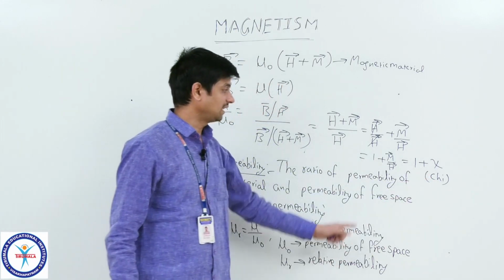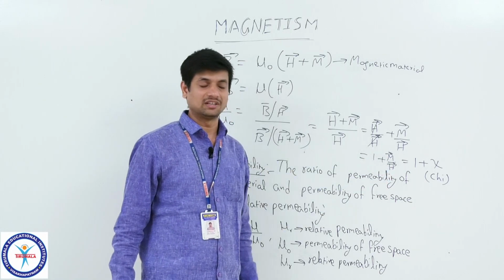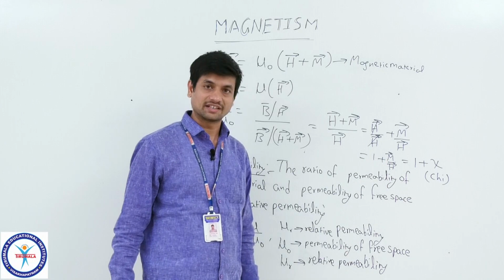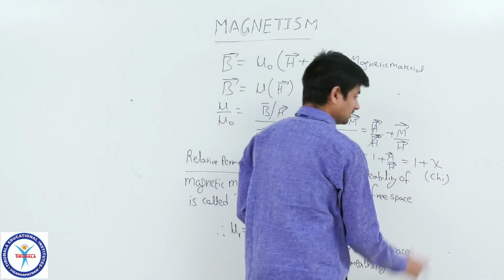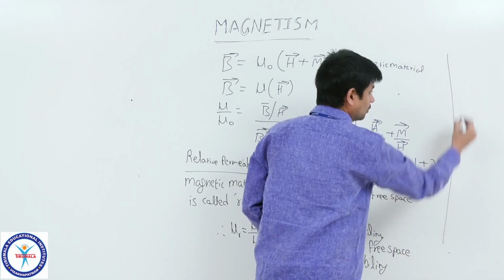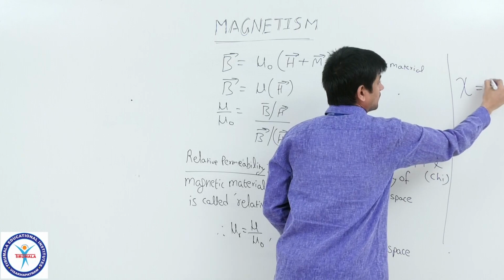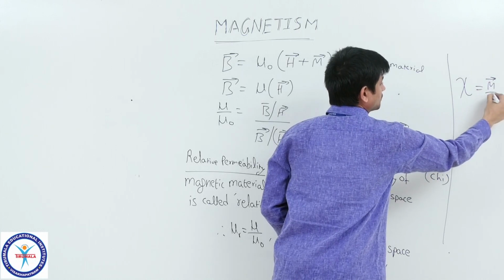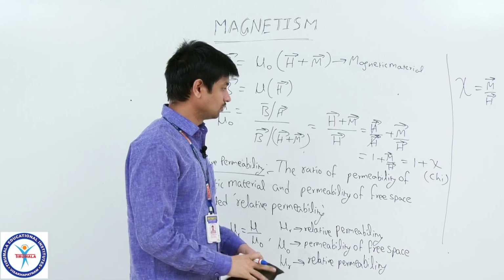This is given by M bar by H bar, means from the source you are giving the field and internally how much it can generate. If you take that ratio, that is nothing but chi. So the magnetic susceptibility chi equal to M by H. It is slightly varying with the value.